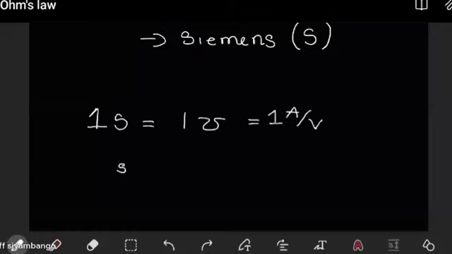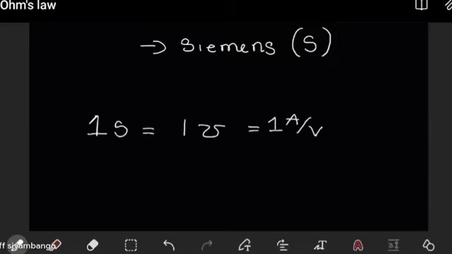Okay, but here's just one thing. We've seen that conductance is the reciprocal of resistance. But as you can tell from the term conductance, resistance was to resist flow of current. Conductance is the ability of an element to actually allow current to pass through it.